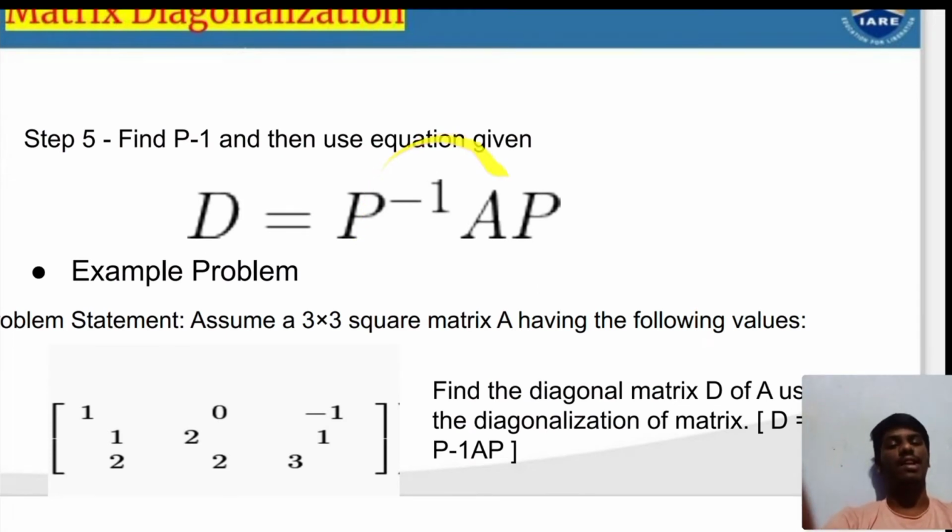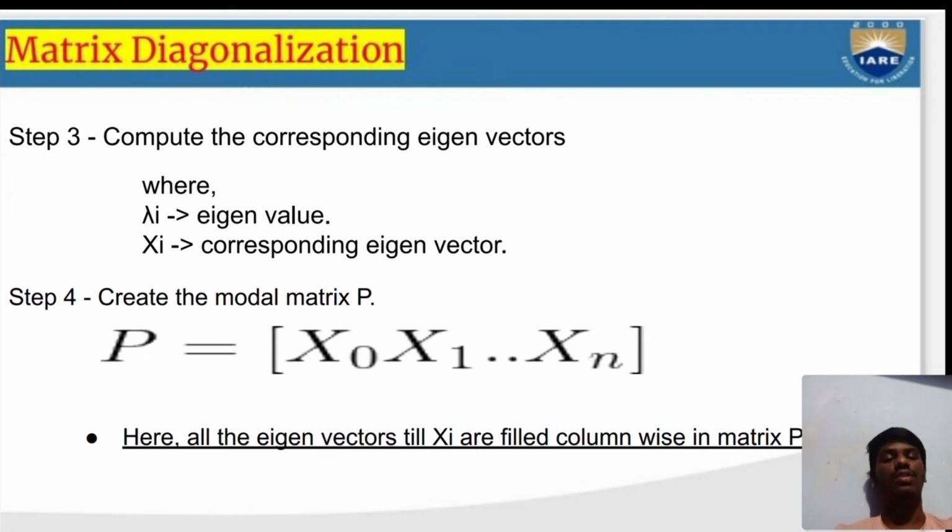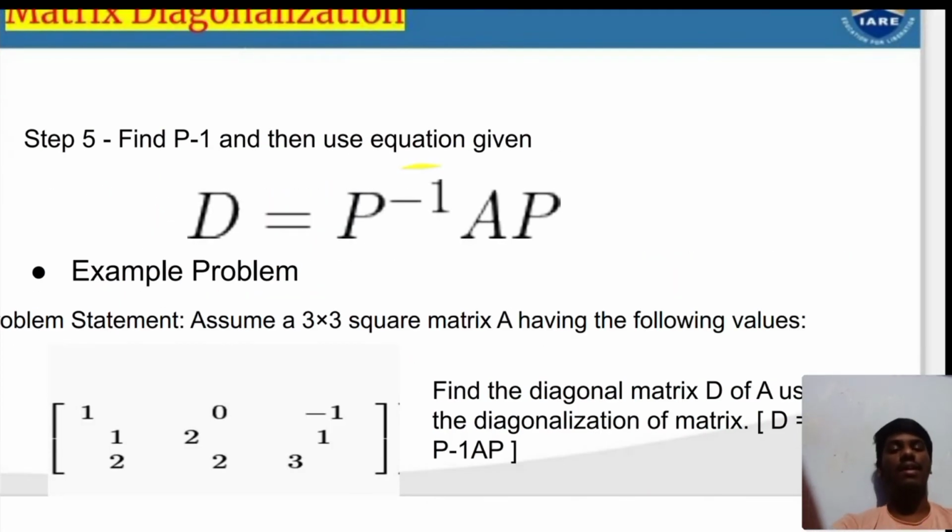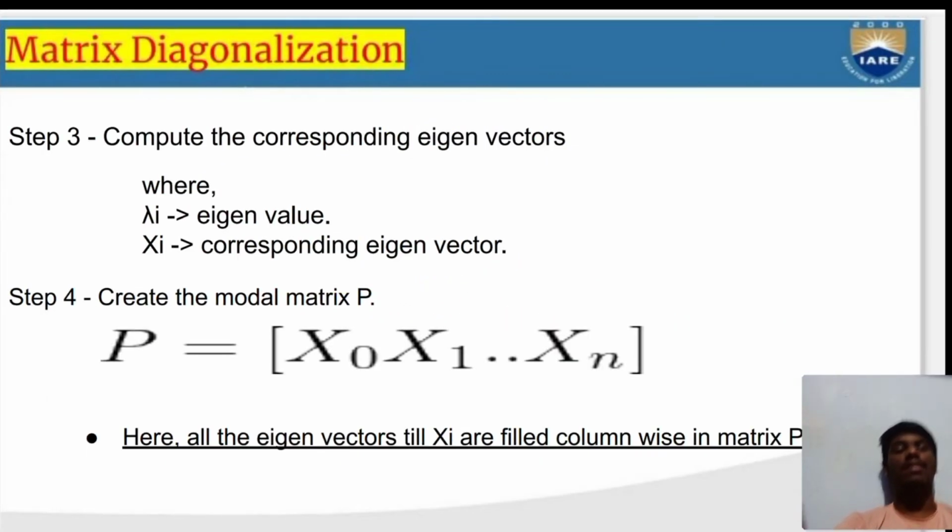After finding P inverse, we have P inverse and the given A in the question, so we should find D by using this equation.